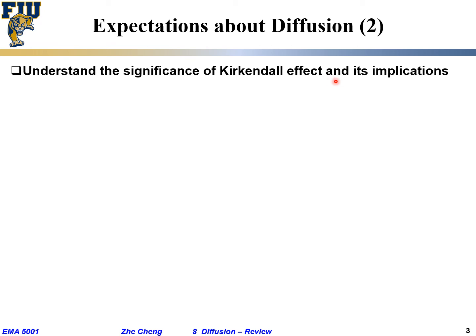And the implication is that the different species would have different diffusion rate, even though they are similar, but they are not exactly the same. Copper and zinc, in that case, diffuse at somewhat different diffusion rate, and they would diffuse through the so-called vacancy mechanism, not the so-called direct exchange mechanism. That explains the movement of the Kirkendall marker, and I expect you to be able to understand it and explain its implications.